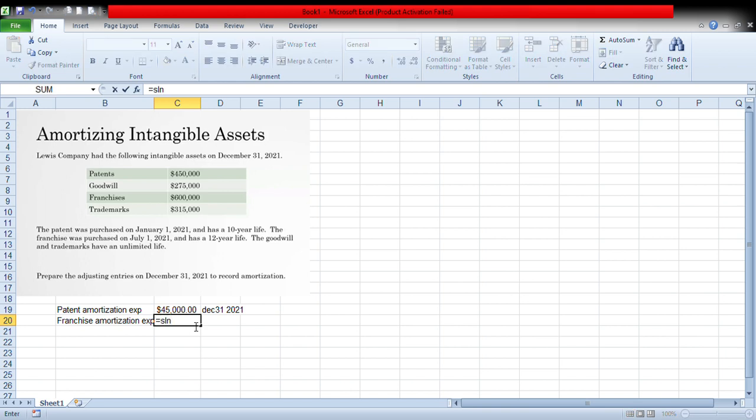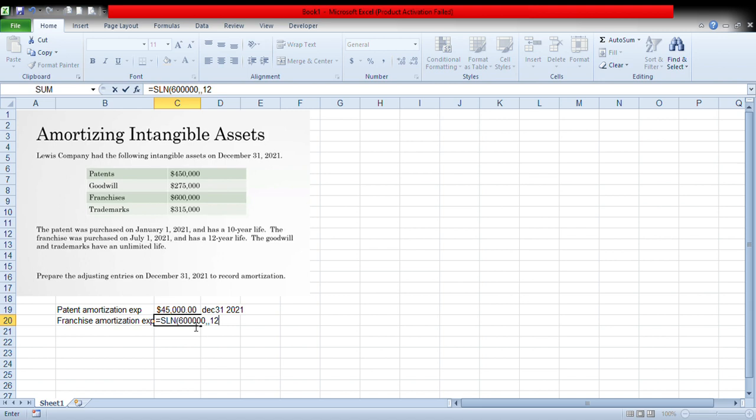Again, the same formula. Cost. What is the cost? The cost of the franchise is 6 lakh. No salvage value. Life is 12 years. But the problem is that first we need to calculate for the year.